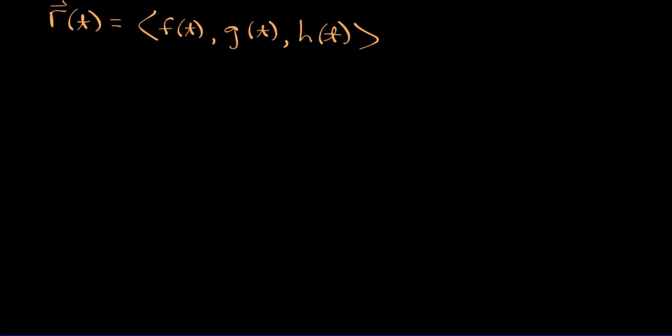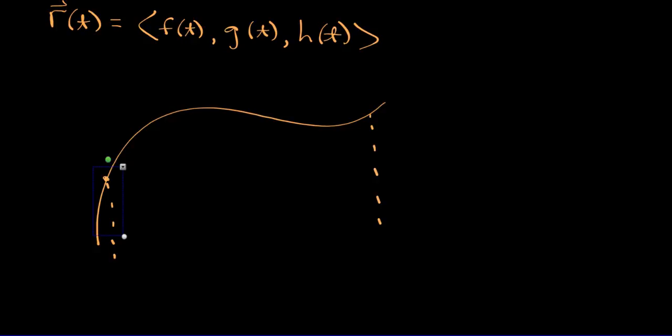So I'm just going to draw a curve here. And maybe I want the length of this curve from t equals whatever this is, to t equals this over here. In other words, I want to get the length of this curve.